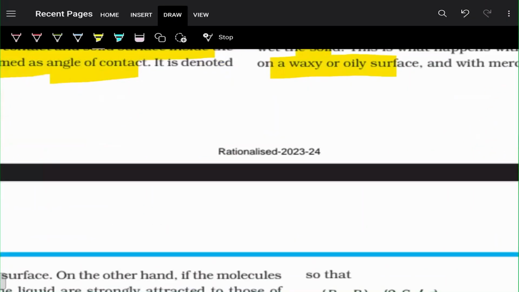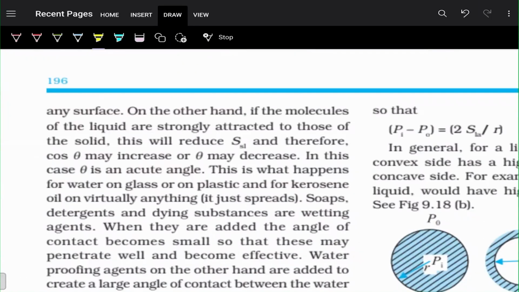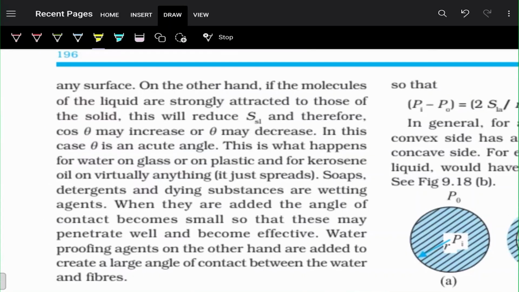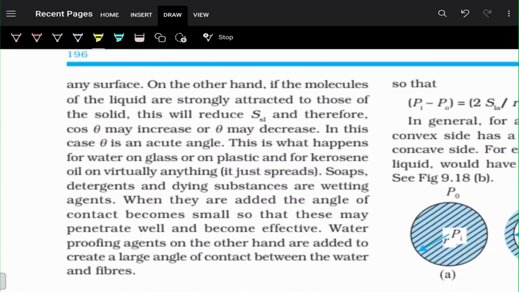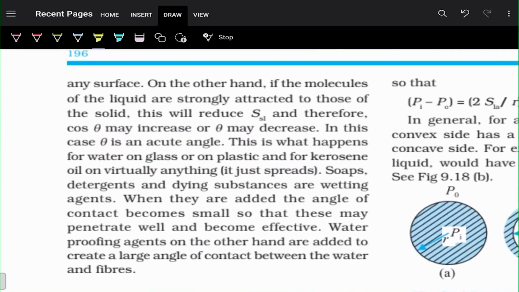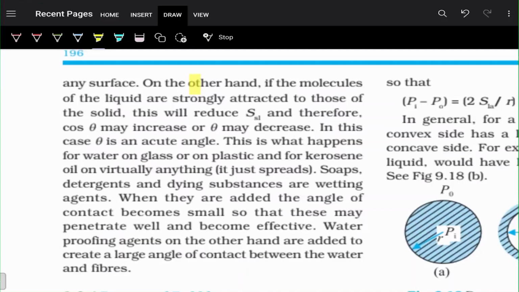On the other hand, if the molecules of the liquid are strongly attracted to those of the solid, this will reduce the surface energy between solid and liquid, and therefore cos theta may increase or theta may decrease. That is, theta is an acute angle.